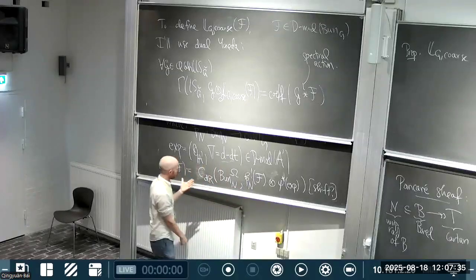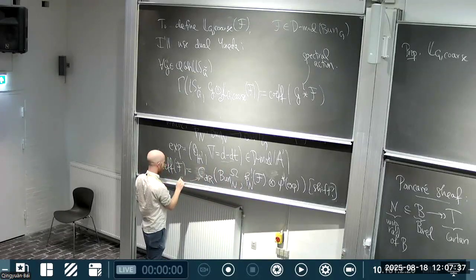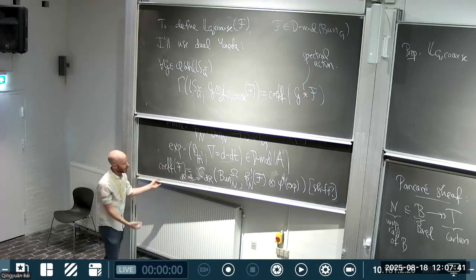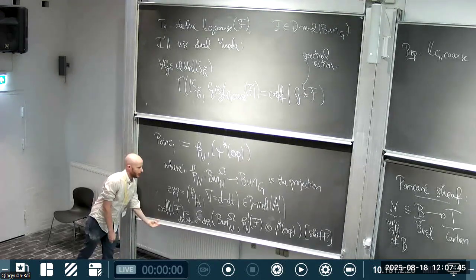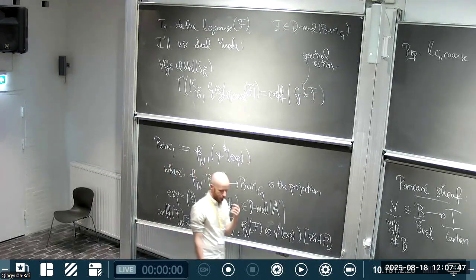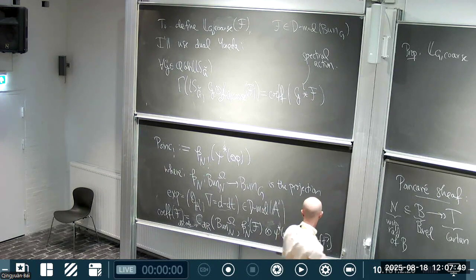This just means de Rham homology, but I want to emphasize that I think of it as a chain complex and not as a graded vector space, not actually the complex itself.